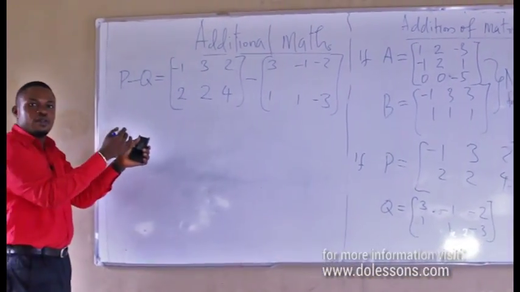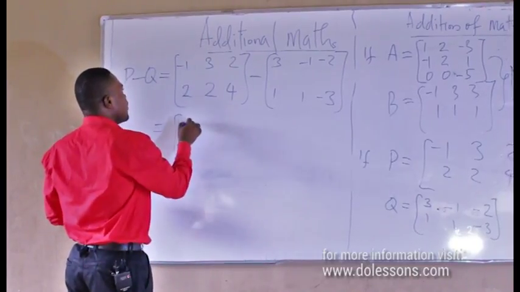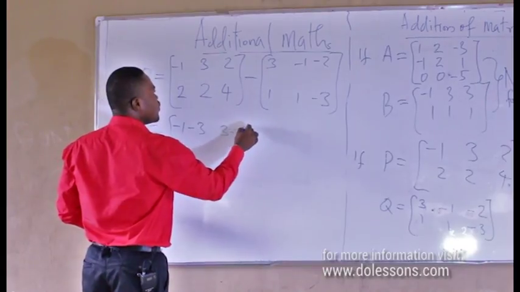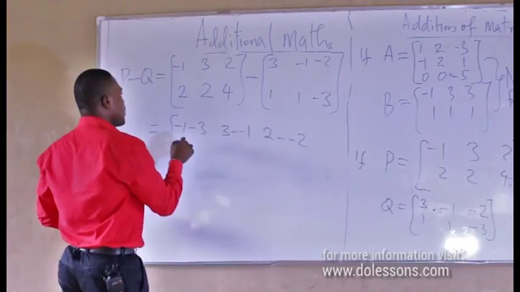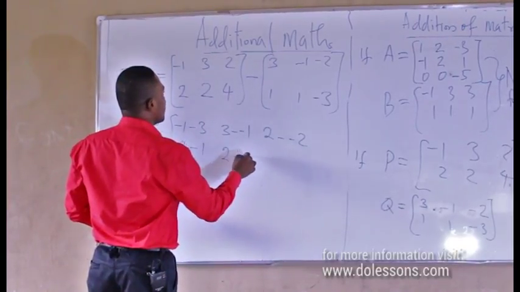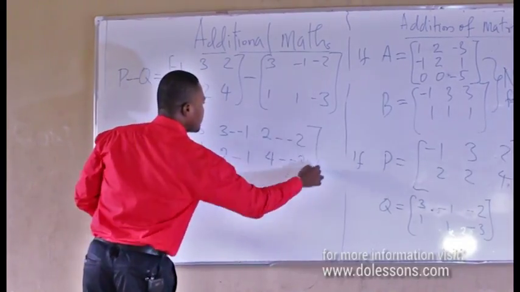So we put it together to have minus 1 minus 3, 3 minus minus 1, 2 minus minus 2, 2 minus 1, 2 minus 1, and 4 minus minus 3.